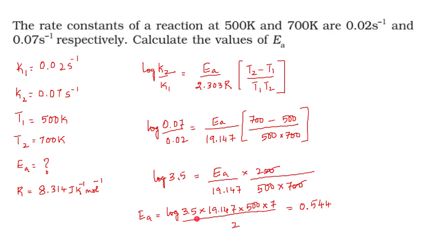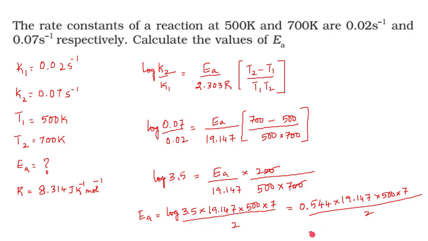It is 0.544, right? Since it is a single digit, the characteristic will be 0. In the log table, you have to check 35 under 0, and you will get 5441 or 5440, right? So into 19.147 into 500 into 7 divided by 2.